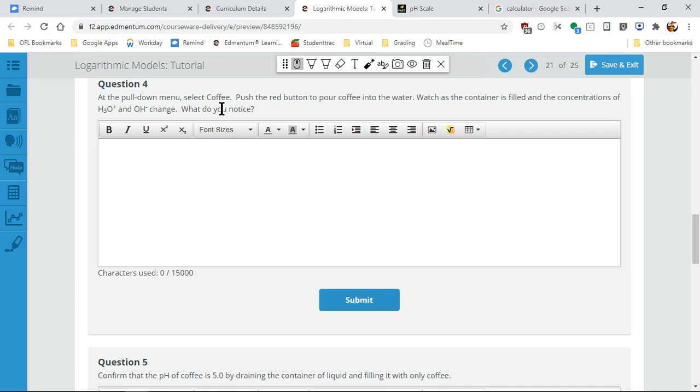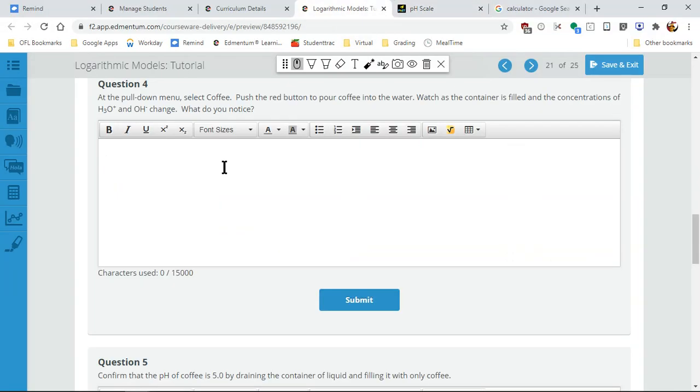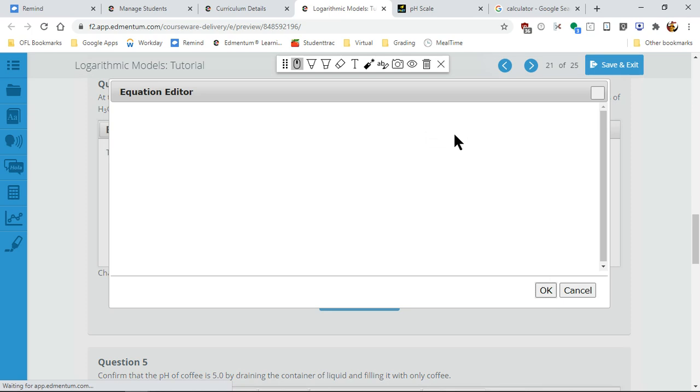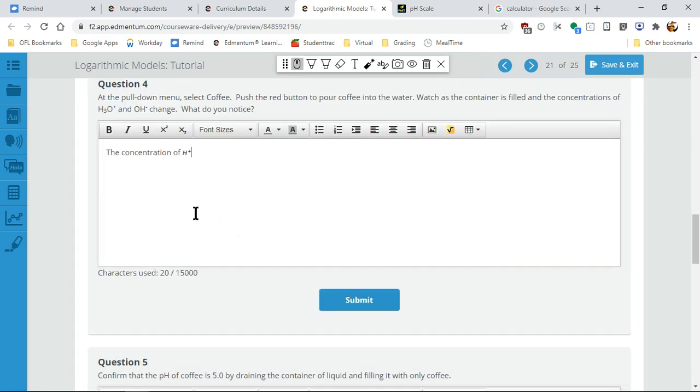Watch the container fill up, blah, blah, blah. What is the change? So the change is going to be, when we go from 7, we're going to change to negative 5. So the concentration of our hydrogen, I'm going to do it as hydrogen because honestly, that's how I was taught. I wasn't taught this H3O stuff.